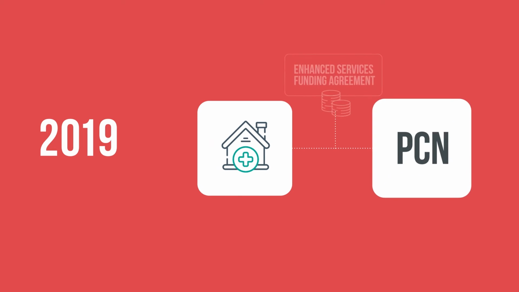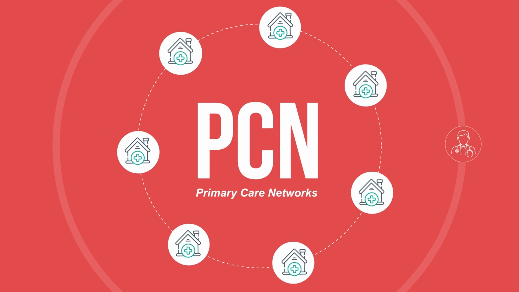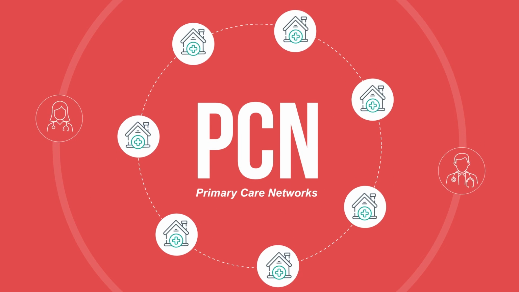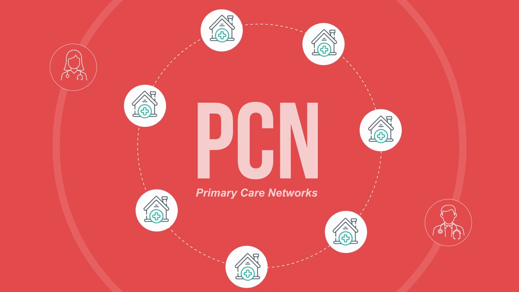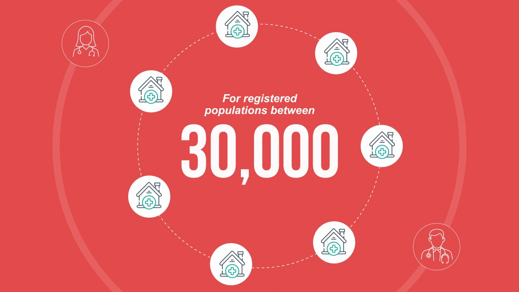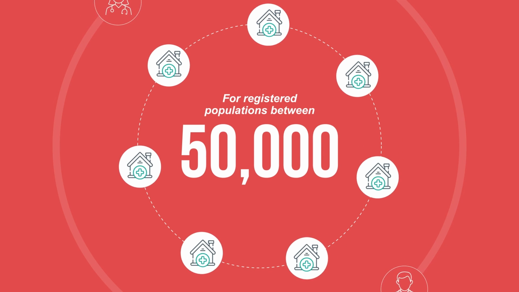In 2019, General Practice created primary care networks using the Enhanced Services Funding Agreement, and these networks continue to expand and develop. Primary care networks are groups of GP practices working closely together, with other healthcare staff and organisations providing integrated services for registered populations of between 30,000 to 50,000.